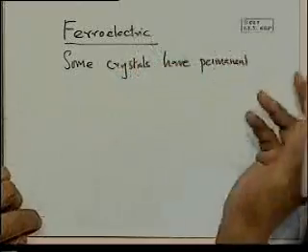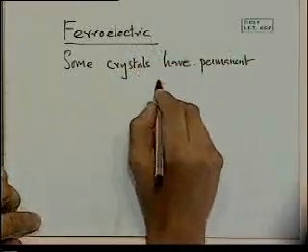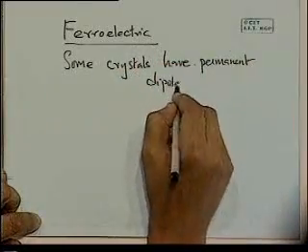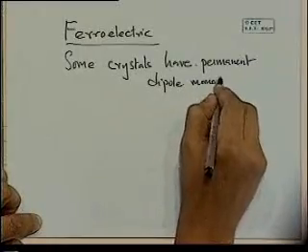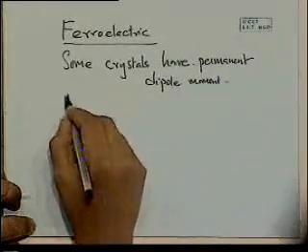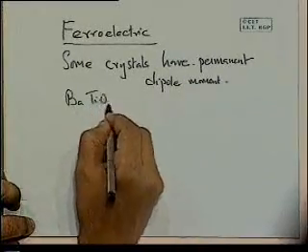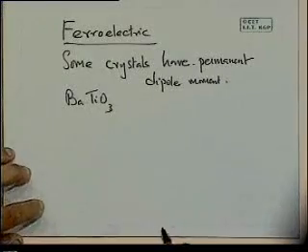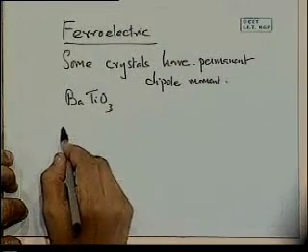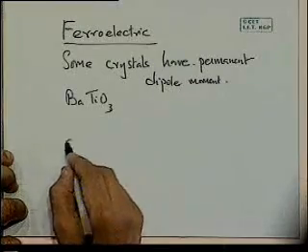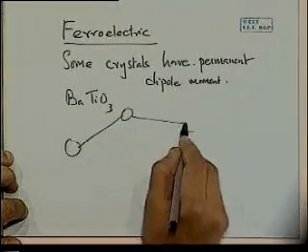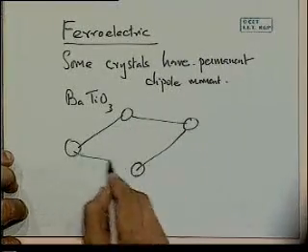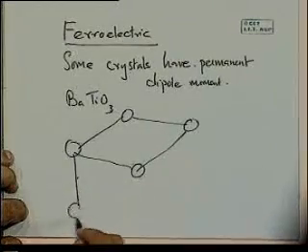But here you can actually have some crystals that have permanent dipole moment. And an example of that is, again, barium titanate, very useful material for all kinds of things. In this case, if you look at its crystal structure of barium titanate, you've got a cubic kind of structure with oxygen ions at the 8 corners here.